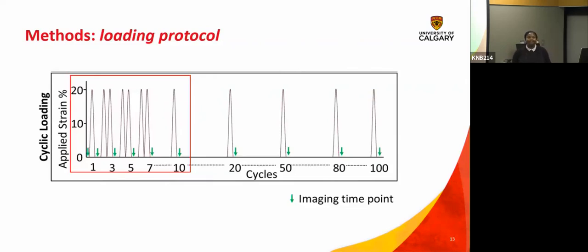Do you have any speculation? Do you think that there are different local strains that are responsible for some of these differences? So for sure, the matrix is not going to recover like the cells, that I know for sure. For this test, personally, I am more interested in looking at the strain distribution over the cross section.